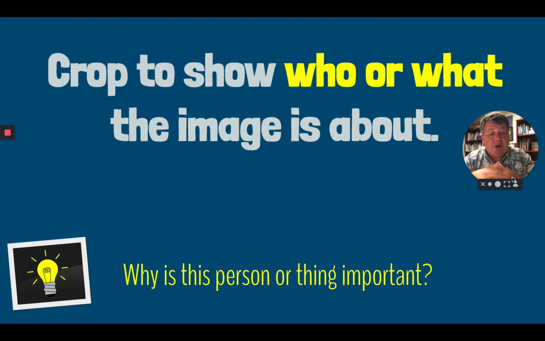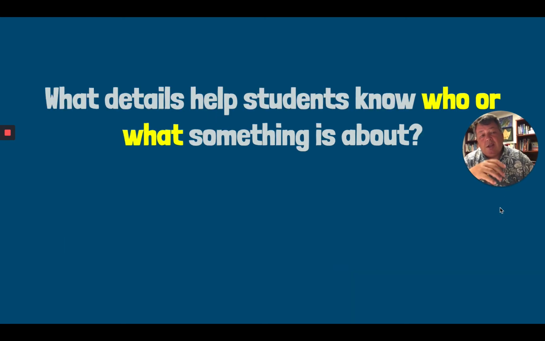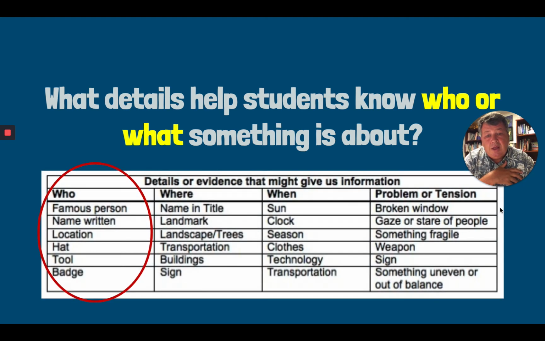And by the way, with this Crop It question, who or what, you can always prompt your students to look at different details that show who or what something's about. Is there a famous person there? Is there a location? Is there some sort of clothing? Are there identifying badges or things?